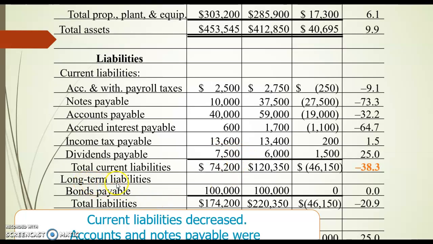Okay, for our long-term liabilities, we have bonds payable, and they are the same. They're exactly the same. Now, this represents the amount that we owe sometime in the future. Bonds oftentimes could be 10 and 20 years out from now that we owe this principal.